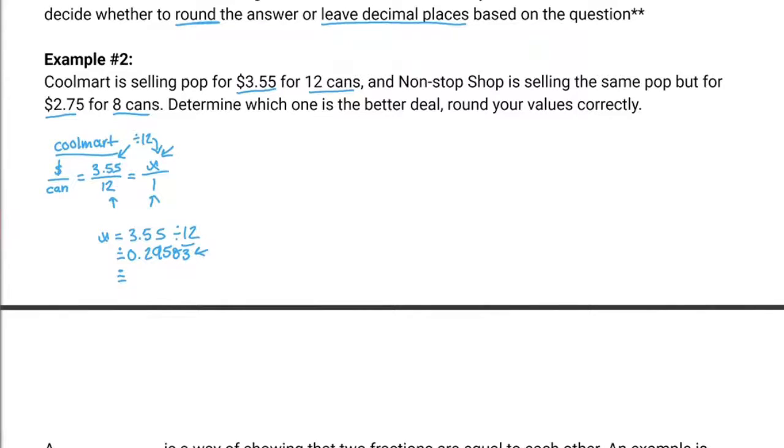Instead of 0.29583 repeated, we would have 0.30. So, therefore, Coolmart sells pop for $0.30 or 30 cents per can. So we know our price at Coolmart. So now let's do Nonstop Shop.